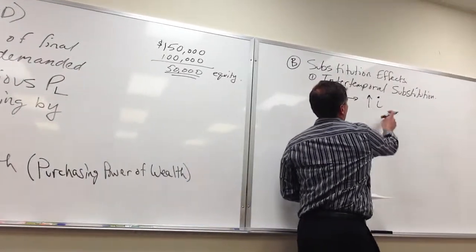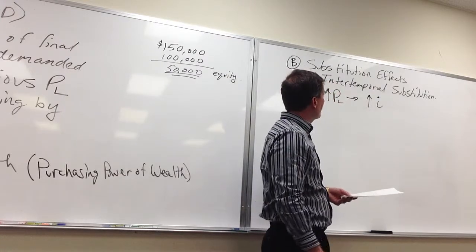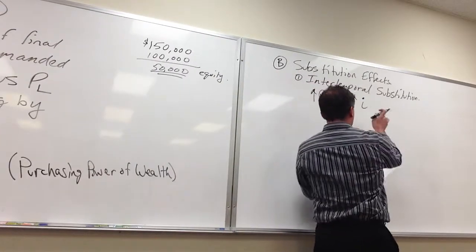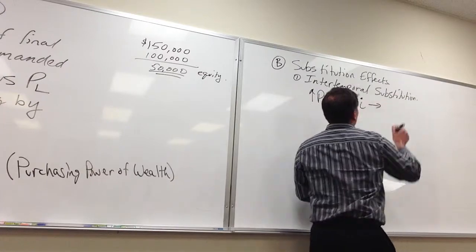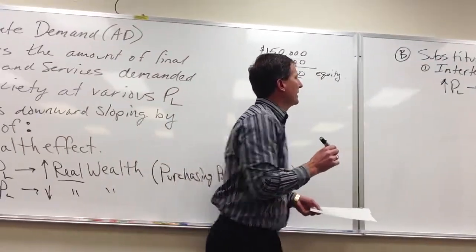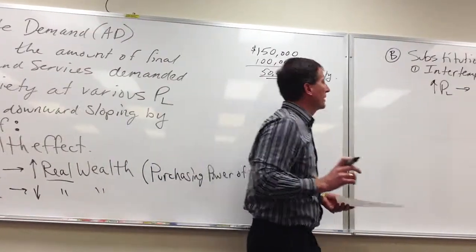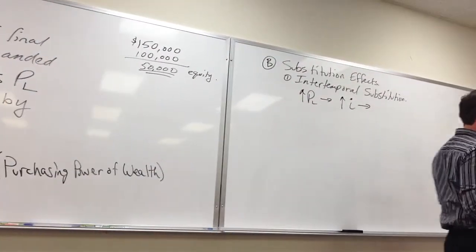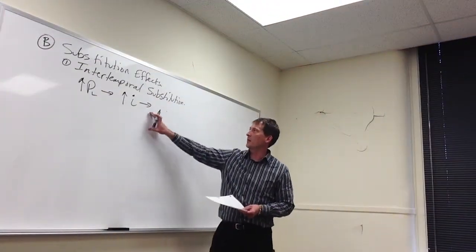So nominal interest rates are going to go up. We learned from previous chapters in the financing, we saw with the Fisher formula, the relationship between the real rate, the inflation rate, and the nominal rates.